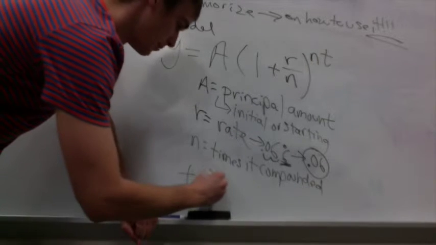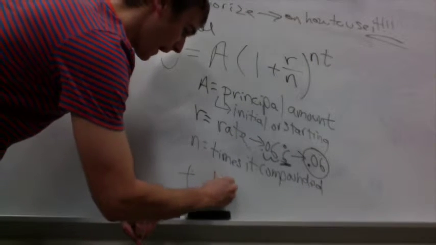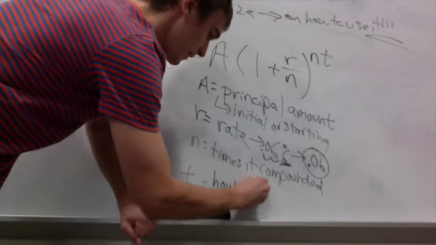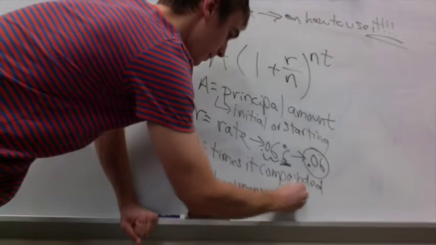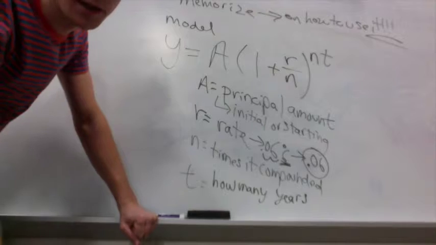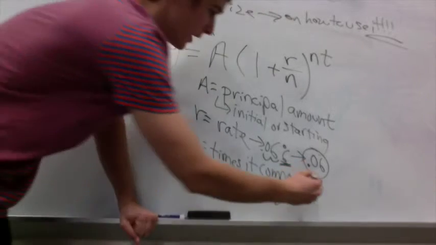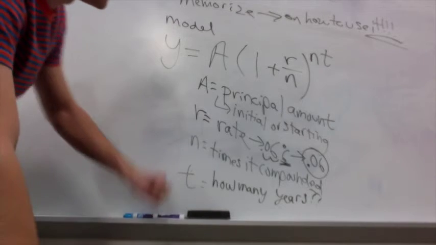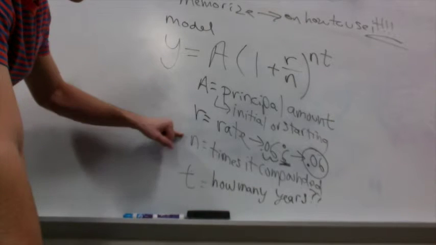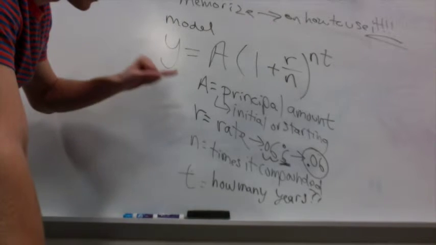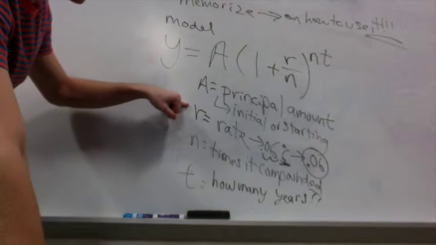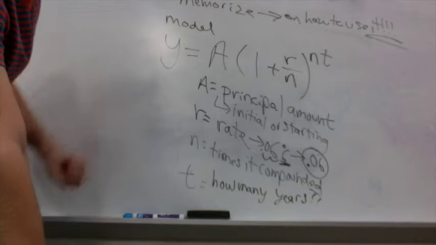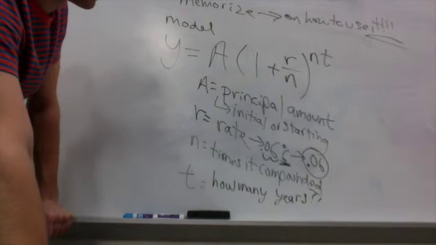T-value is generally going to be how many years are we getting this interest rate? How many years is it going to last? So generally the problem is going to give you the amount of years, the number of times per year that it's compounded, the R value, the rate value, and an initial amount.